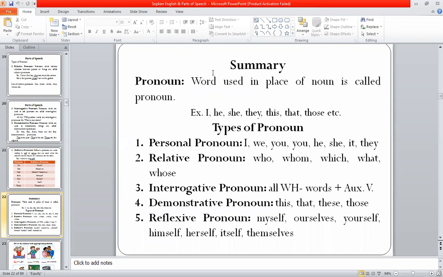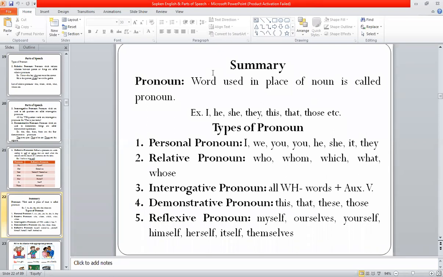These are the relative pronouns which we use to show the relation between two people, two things, or two objects. Generally, we use relative pronoun in between of the sentence. Okay, that is why they are called relative.